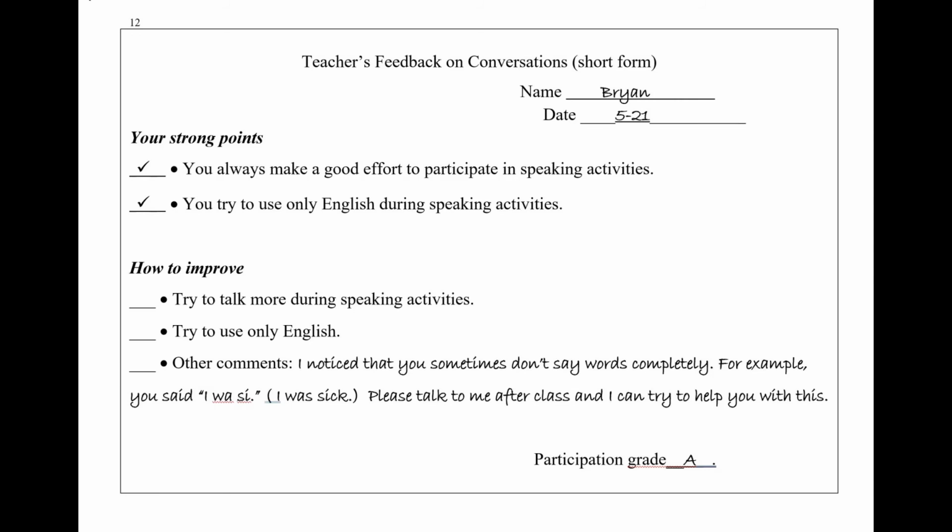I also noticed a student would switch from past to present verb tense when talking about something that he had done last summer. And this, I think, was a little bit confusing for his partner. So I just made a similar comment on his form. Another time, I had a kind of immature student who often got too excited and started talking in his native language.